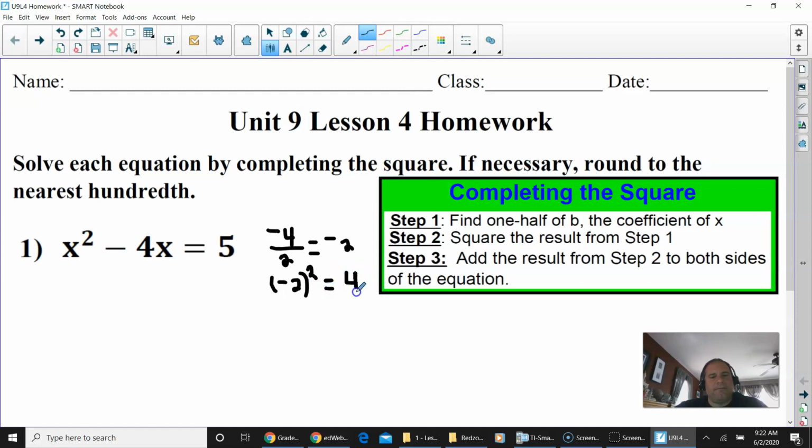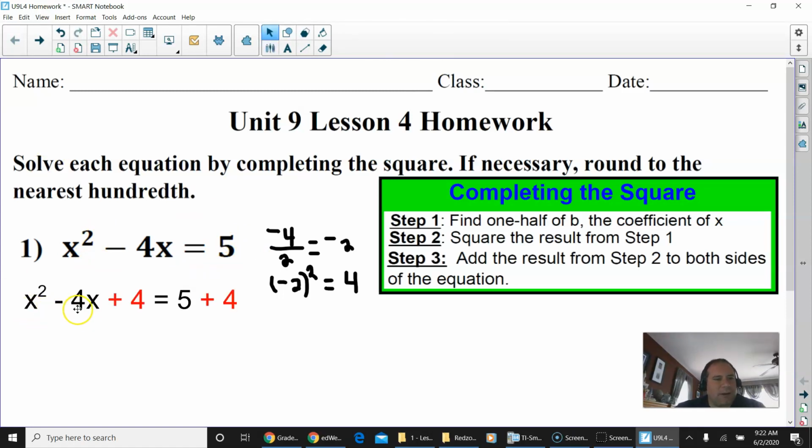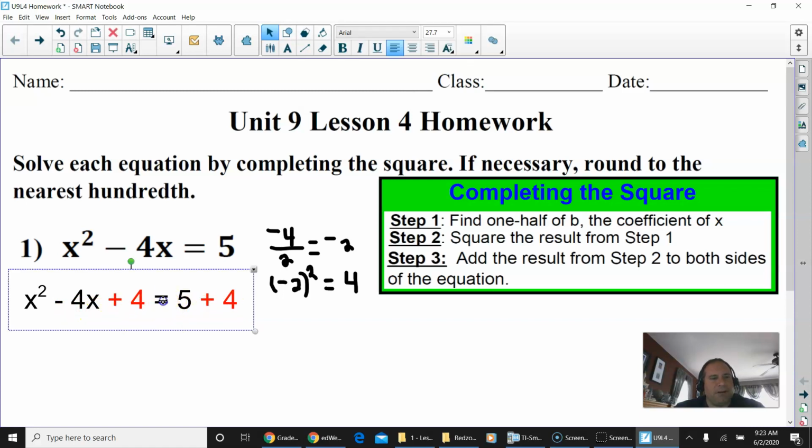And I get 4. I add that on each side. It comes out to be x squared minus 4x plus 4 equals 5 plus 4.